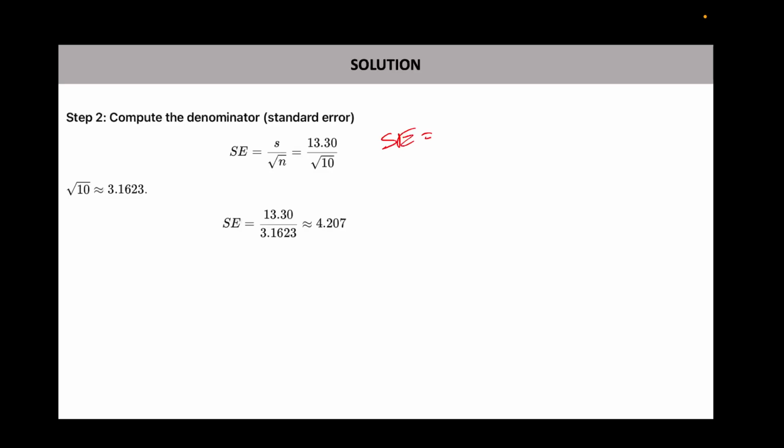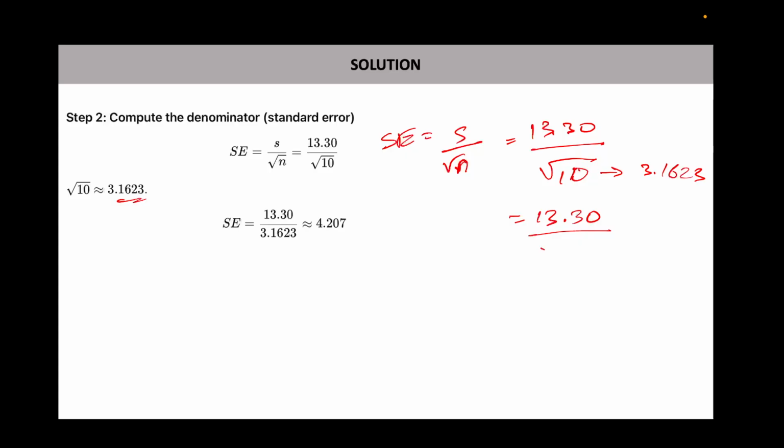Your s value is 13.30, and the square root of n is the square root of 10, which is approximately 3.1623. If you calculate 13.30 divided by 3.1623, you get an approximate value of 4.207. So this is your standard error value from the values given in the question.